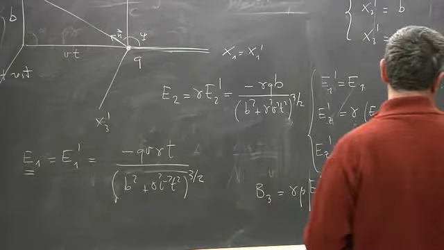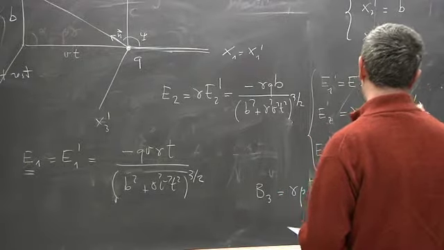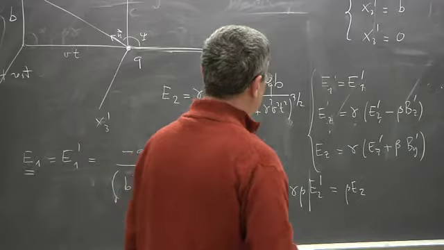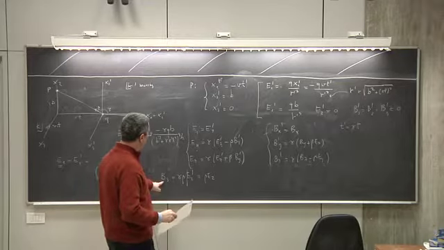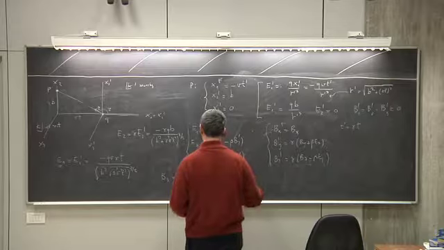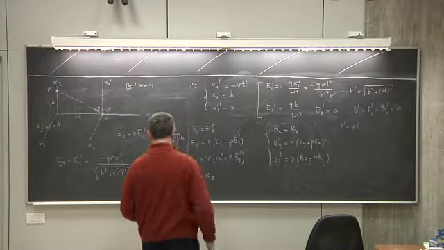I think I'm using the other one, because I want to transform back. So then you get this gamma. In fact, then you get the B3, where this is a plus. Yes, thank you.